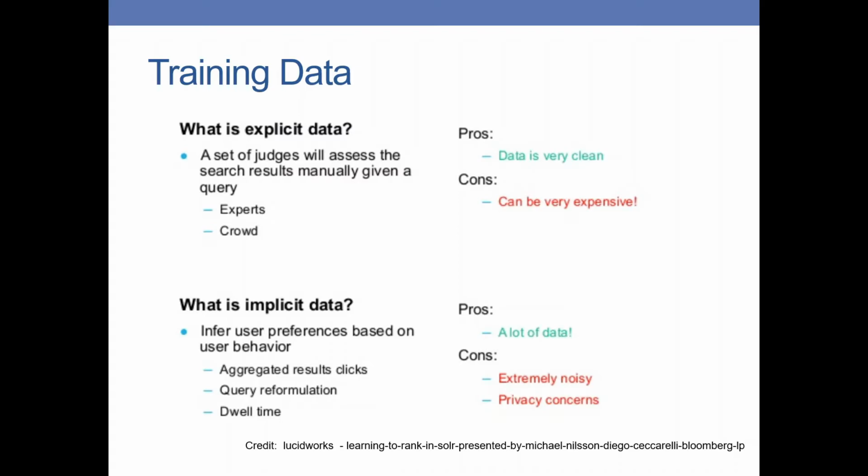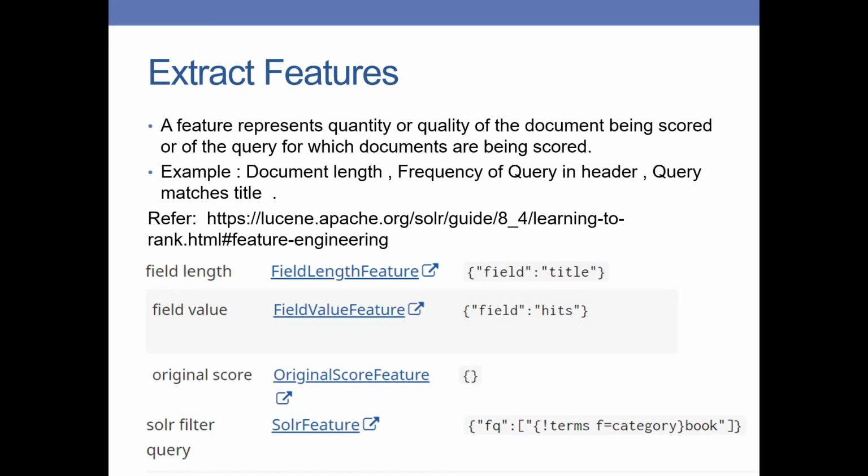Next, we have seen how to label the data, but how do we create the features? A feature is a value by which you can relate a document to a query, to which the document is scored.